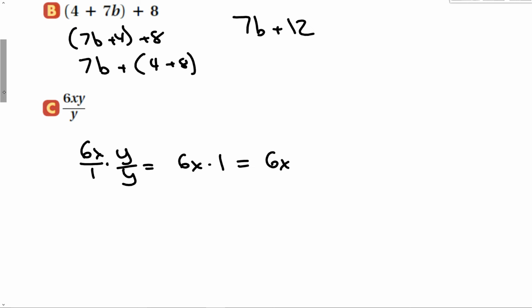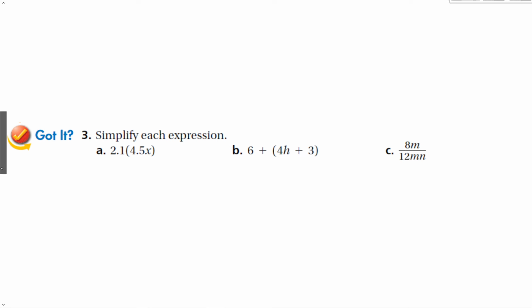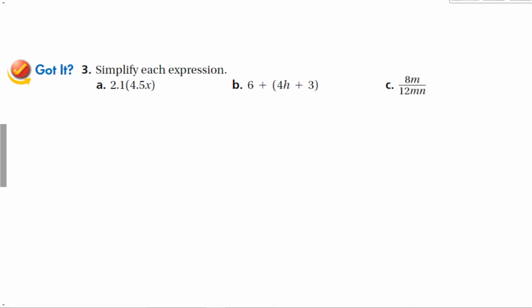So let's look at our got it problems down here. And the same thing, we can actually use my associative property first and take 2.1 times 4.5 first, and then times the x. And when we multiply those together, we get 9.45 times the x.